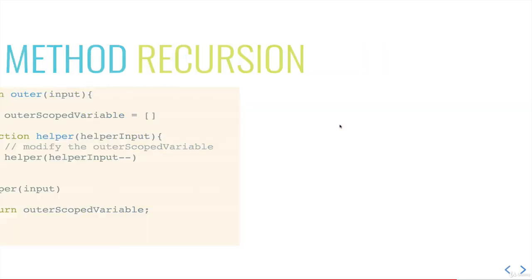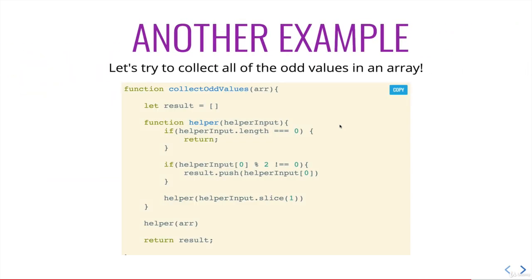If we're doing something like collecting all the odd values in an array, it's very easy to do helper method recursion. We create an empty array where we will then store our data, and then we call our helper function.